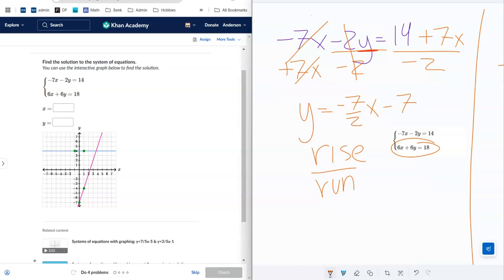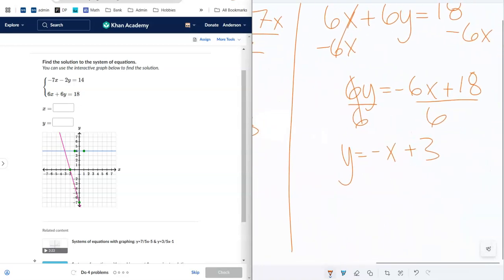Rise negative 7, run 2. If you look at the graph over here, we can't go down negative 7 units because we're right at the bottom of the graph. So instead, we're going to put that negative sign underneath. So we'll rise up 7 units, from negative 7 up to 0, right? And then we're going to run negative 2, backwards. So there's that one.